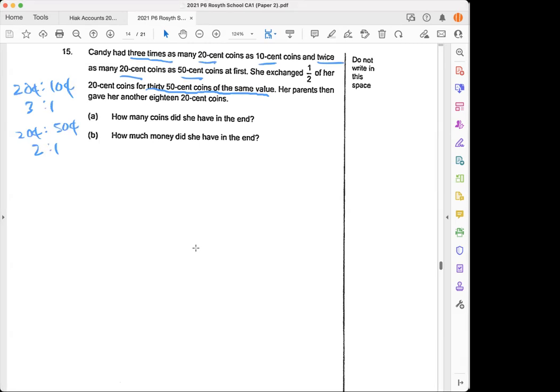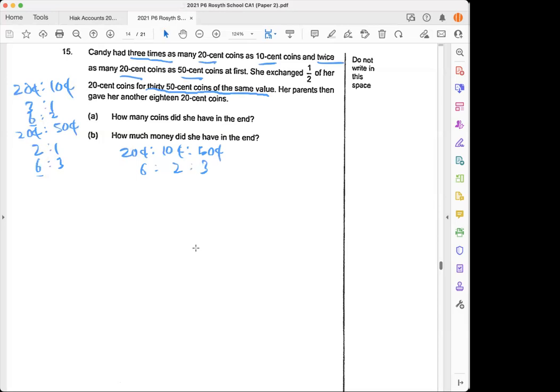The common base is the 20-cent coins, right? So in both ratios, you have 20 cents. So over here is 3, over here is 2, so make it 6. Times 2, 6. Times 3, 6. So we have the common base done. So I combine them into a single ratio. 20 cents is to 10 cents is to 50 cents. Okay, so 20 cents is 6, 10 cents is 2, 50 cents is 3.